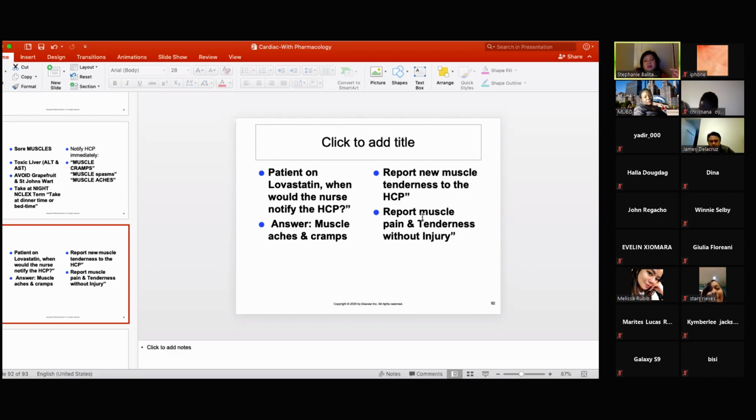And then report muscle pain and tenderness without injury. So they're just different ways of phrasing the question, but any muscle cramps, muscle spasms, muscle aches with your statins have to be reported immediately to your attending physician.